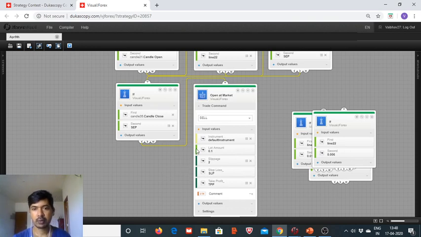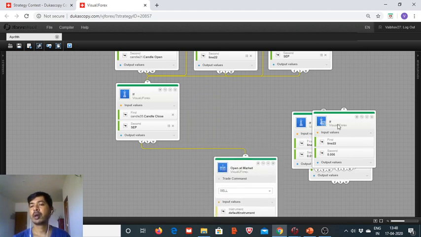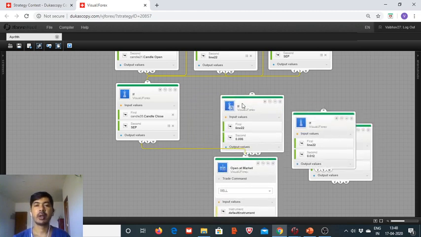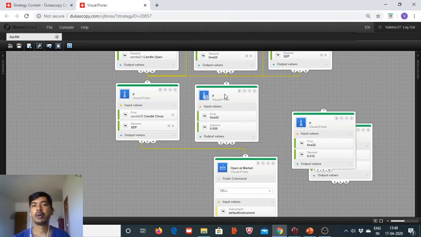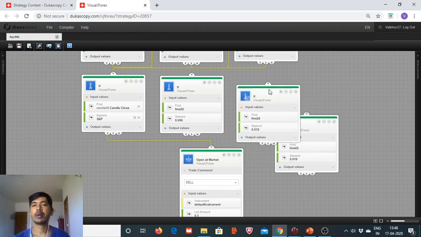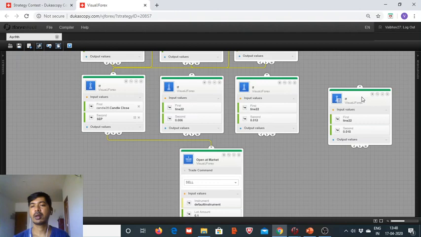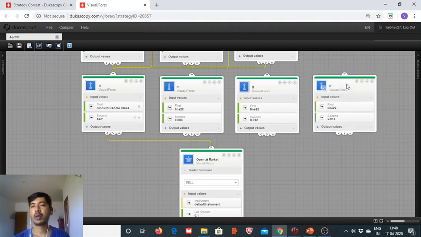So 0.1 million lot size will be kept reserved when the volatility shoots up beyond 120 pips. First we will go for 60 pips, then 120 pips, and then comes 180 pips.